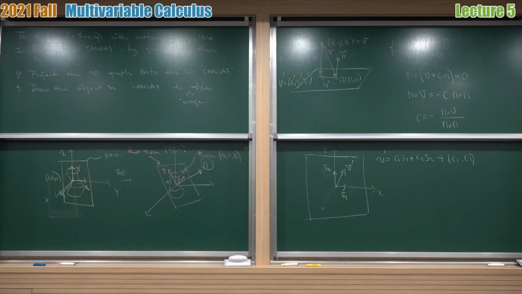How do you find the angle between two vectors? V prime and S1, for example. Or in general, how? The inner product. So if we know the norm of the vectors, we could calculate it with the relation of the inner product.